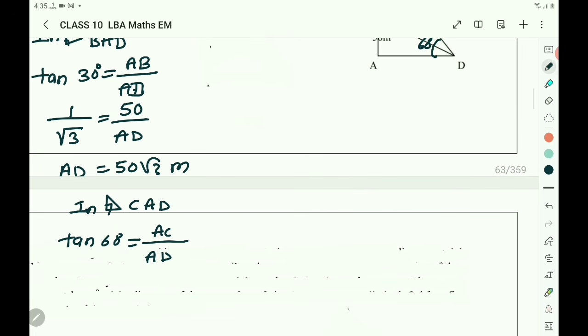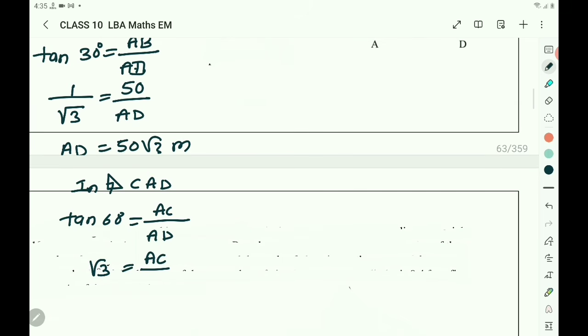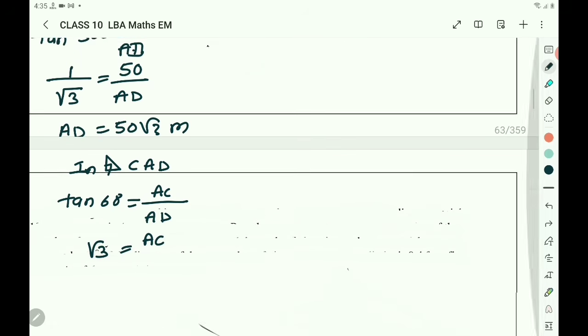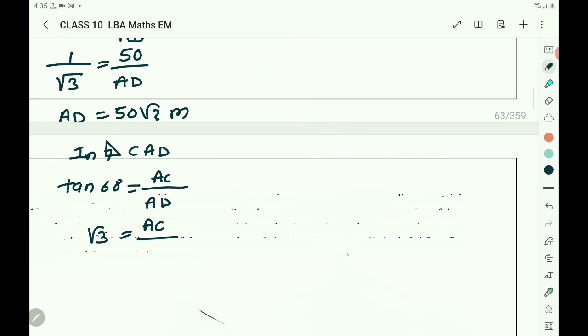Then tan 60 is root 3 AC. Here you got AD, so you write AC as it is. AD is equals to, you got 50 root 3 meter.